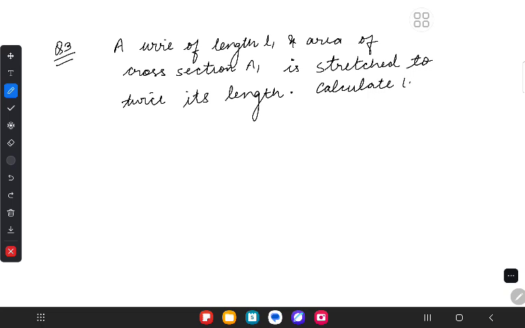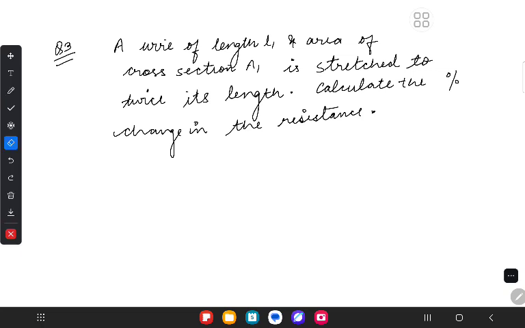Calculate the percentage change in the resistance. So let's say the wire of length L1 and area of cross section A1 is stretched to twice its length. Calculate the percentage change in the resistance.